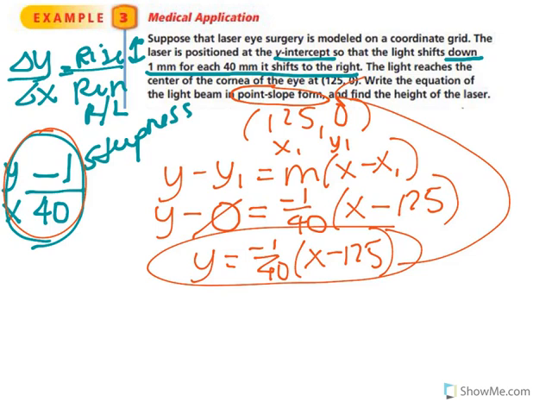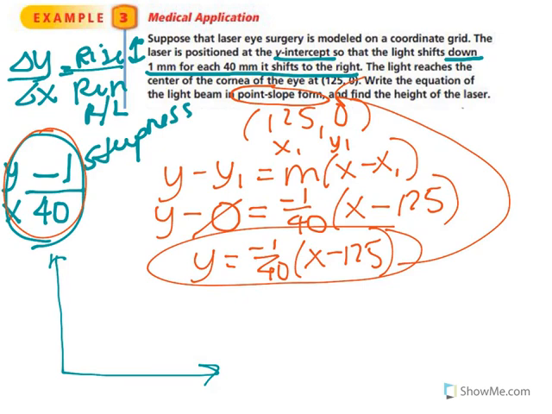But the other thing they want is to find the height of the laser. So I'm going to attempt to draw a picture of it real quick to show you what they need. It's modeled on the coordinate plane.